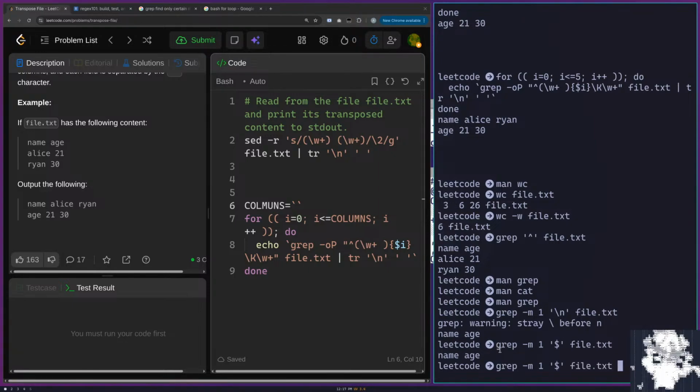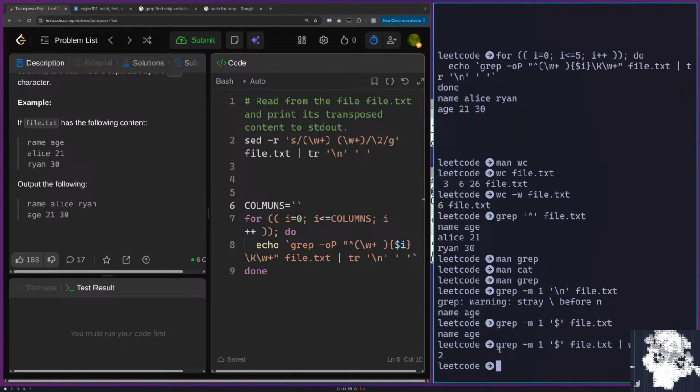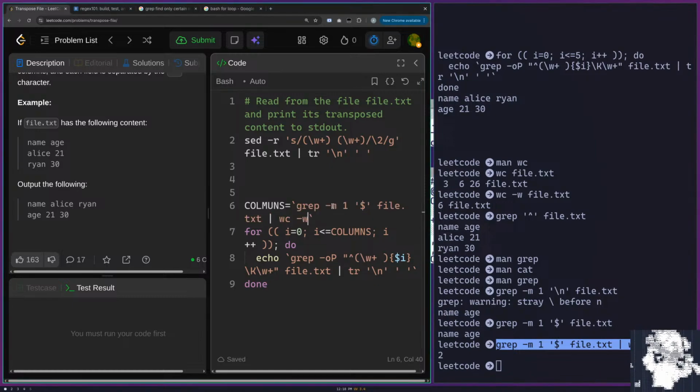So this, and then we want to count words from this. So you take this, you pipe it into word count -w. Okay, so columns are like that.